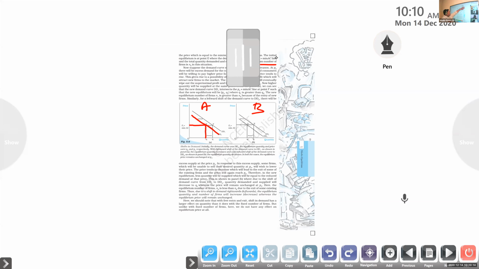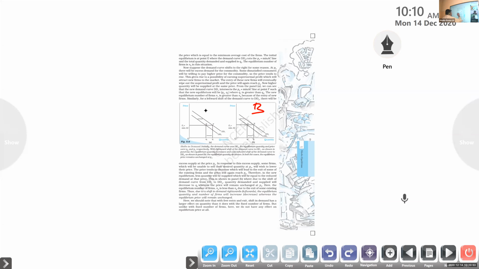Now suppose the demand curve shifts to the right for some reasons, which we already studied. The demand curve is shifting from DD0 to DD1, a rightward shift.